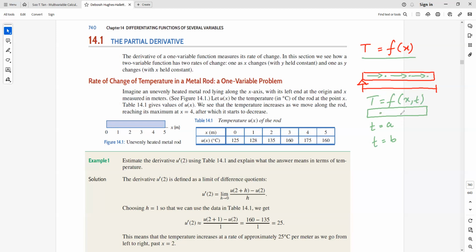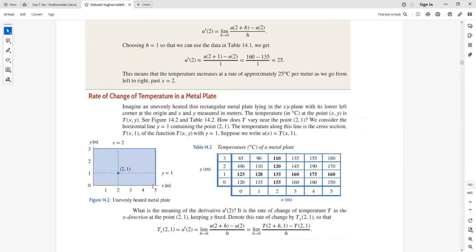As time is moving on, the temperature is changing in the rod, and as we move forward in the x direction, the temperature is changing. Therefore, the temperature is now a function of space and time. So this way we can think of derivatives of multivariable functions.